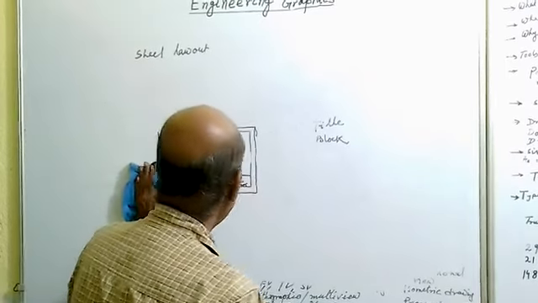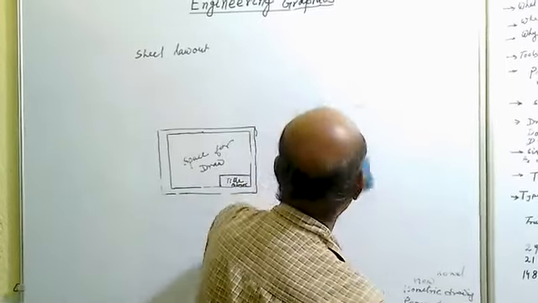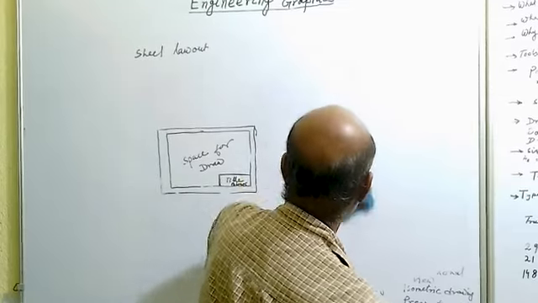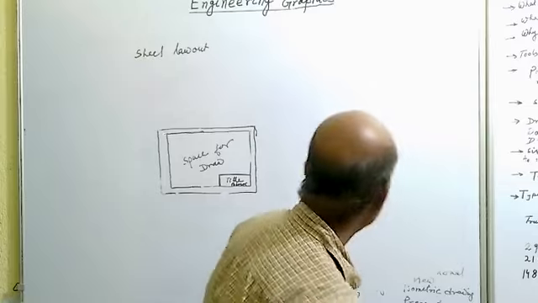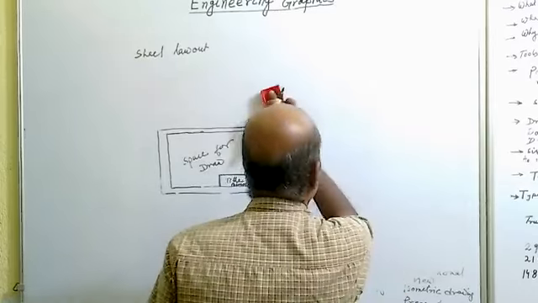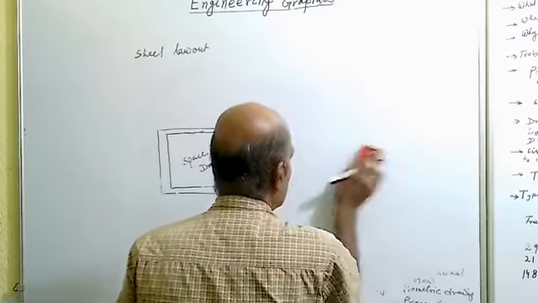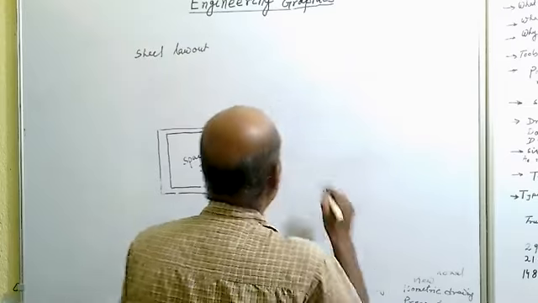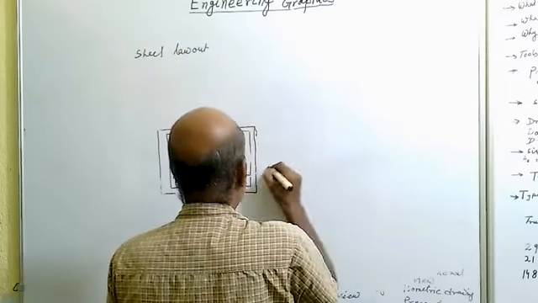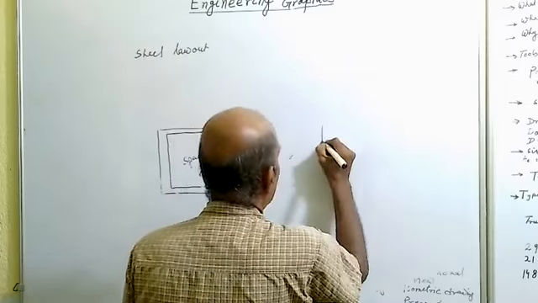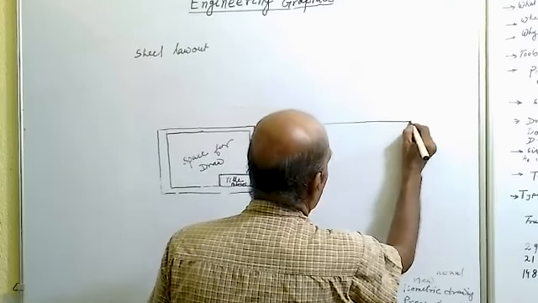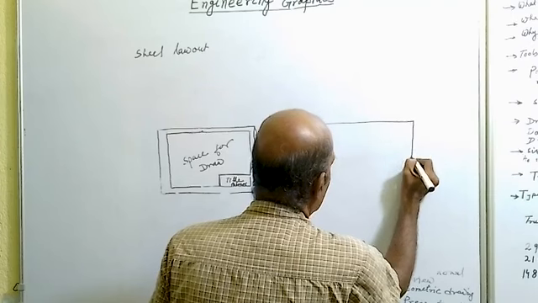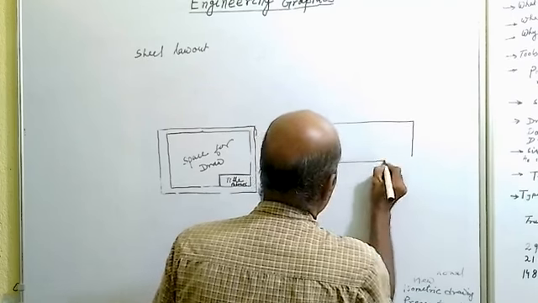The title block will have different informations, and at least it should contain the following informations. So let's see. Say this is the title block, we are drawing separately. A standard title block is given by the BIS.